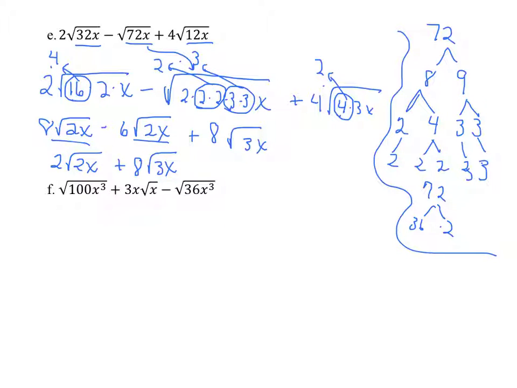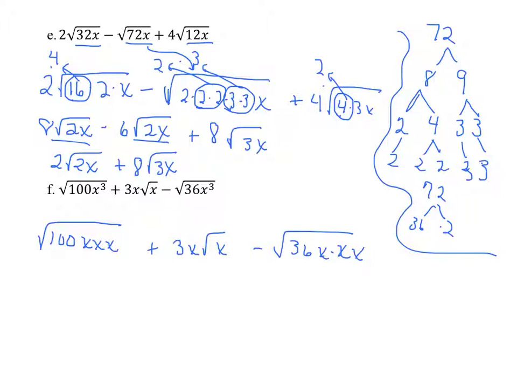The next one is super fun. What we're going to do is simplify all of these first, and I'm just going to write x cubed out as x times x times x. Perfect. So the square root of 100 is 10, that comes out as a 10. Then I have a pair of x's, and I have a little x guy left in there.